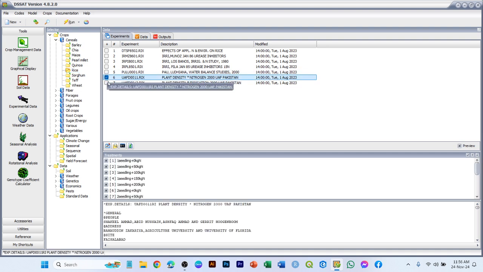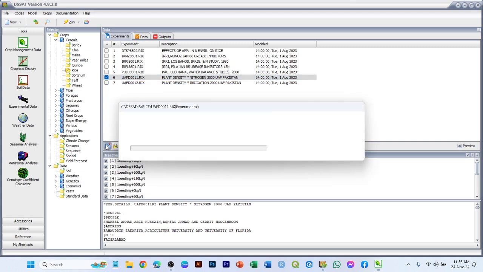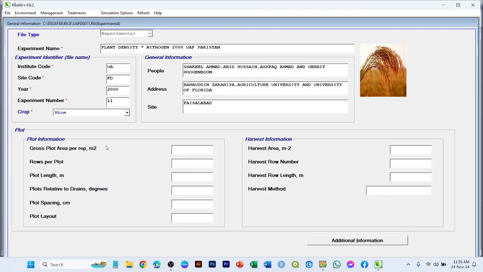Then you have to go with this edit file with this icon. Got my point? With this one. So by clicking this, you will be on the experiment file, or you can say your X file.